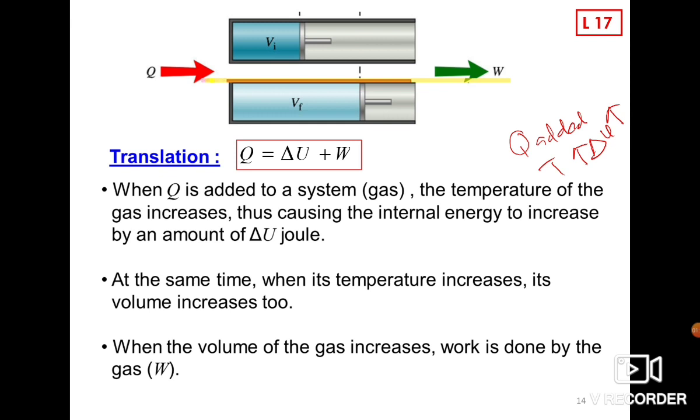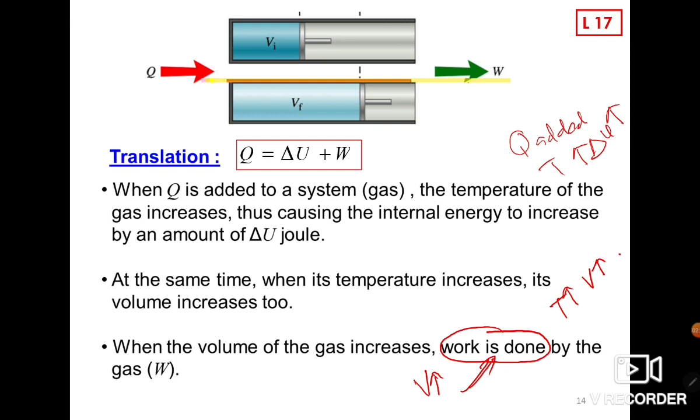At the same time, when its temperature increases, the volume increases too. So when T is increased, V also increases. When the volume of the gas increases, work is done by the gas.